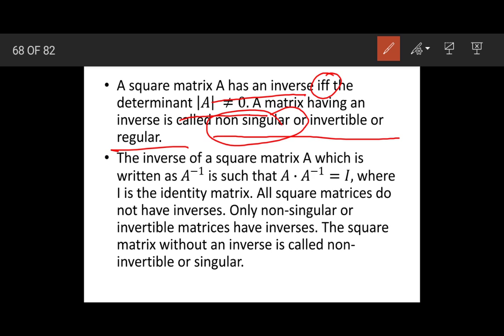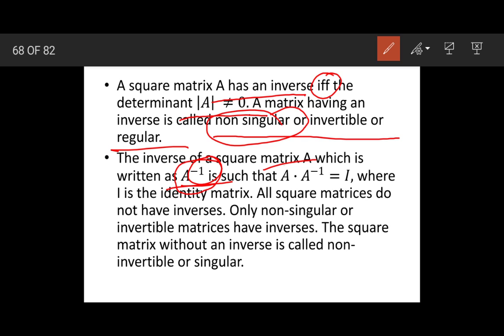Now, the inverse of a matrix is denoted by A inverse, that is, A raised to minus 1. This A raised to minus 1 is pronounced as A inverse. So we can denote the inverse of a matrix A as A inverse.